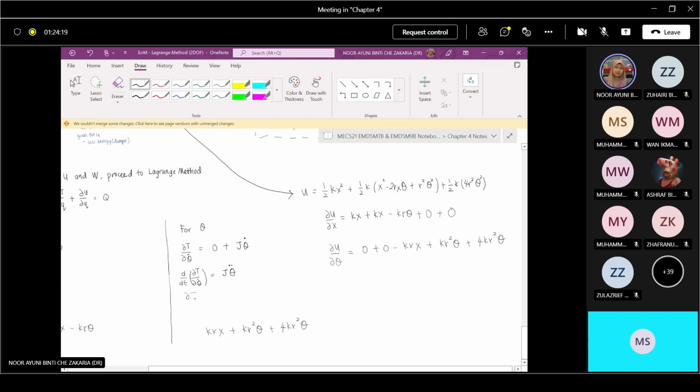We have here partial derivative of kinetic against the displacement, which is 0, and then we have partial derivative of potential against theta, then you can have that one.